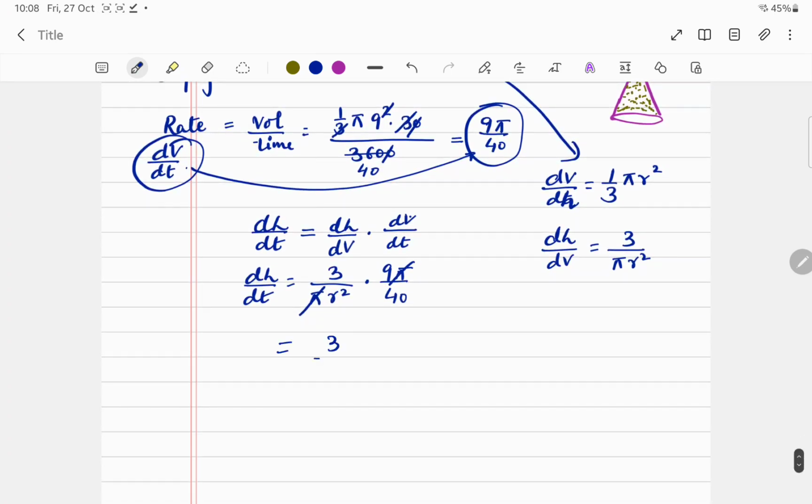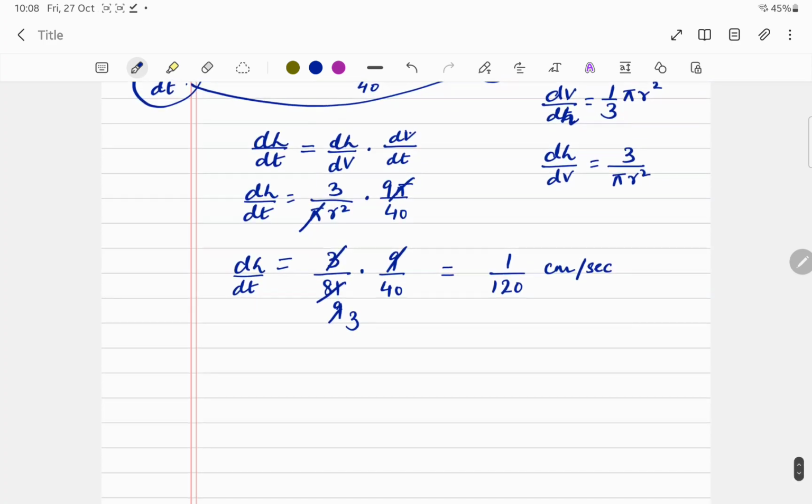Let's substitute the value of r, which is 81, 9 squared. So 9 over 40, 9 times 9, 3 times 3. We have 1 over 3 times 40, which is 1 over 120, for dh over dt. So this is centimeters per second, right?